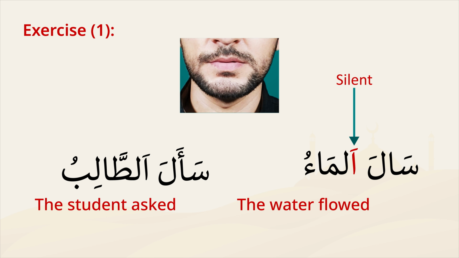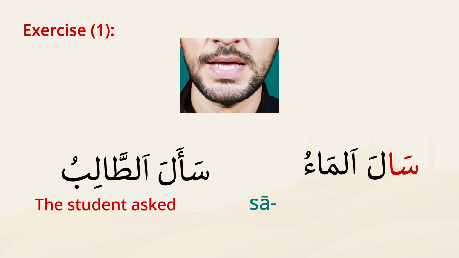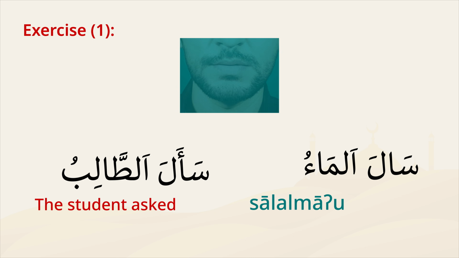So we read it as سال الماء. We made a direct jump from the final letter of the first word, la, to the lam in the second word, which is the lam of the definite article.